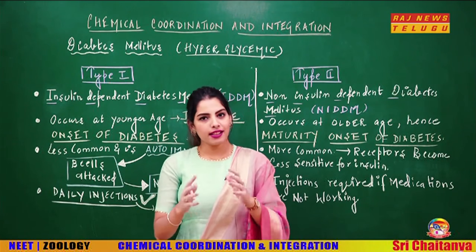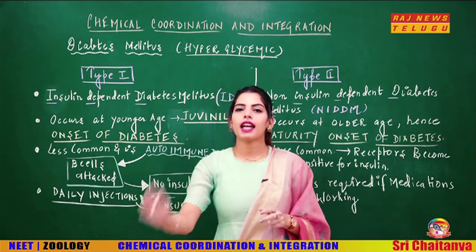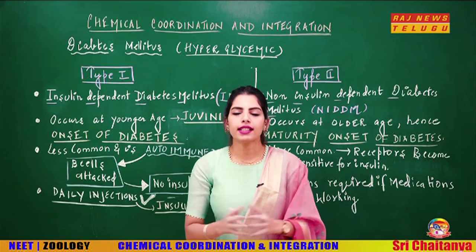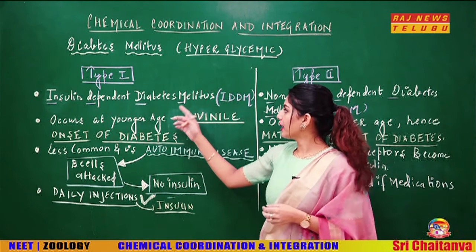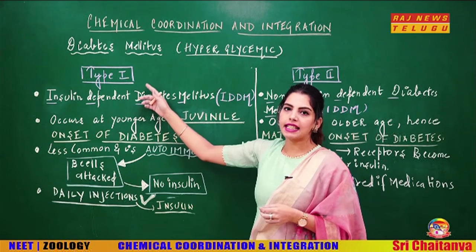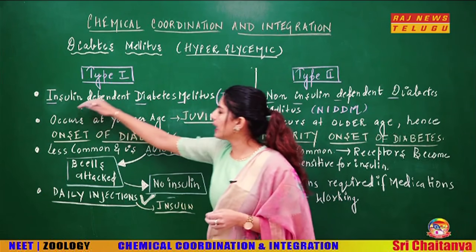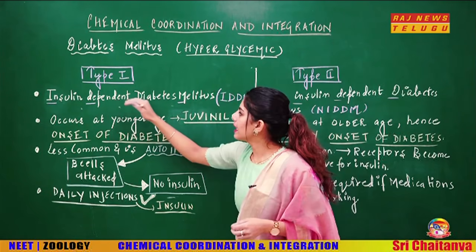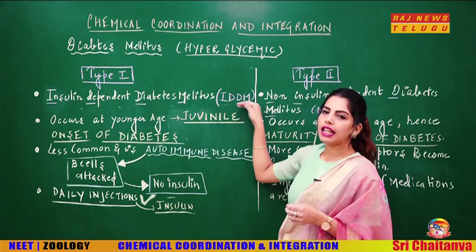Yes. Now let us discuss the two categories of diabetes mellitus. One is type 1 and the other is type 2, and let us see what is the difference between these two. On this side of the board, I have written diabetes mellitus type 1, which is also called insulin dependent diabetes mellitus, IDDM.